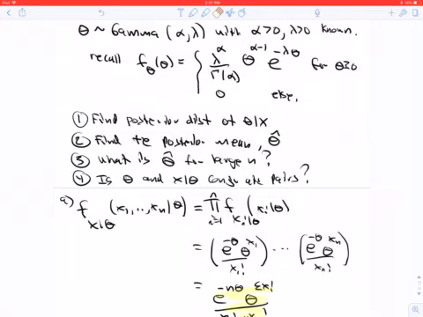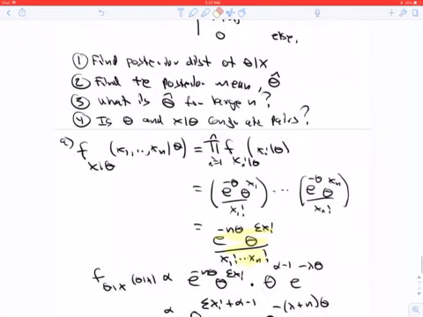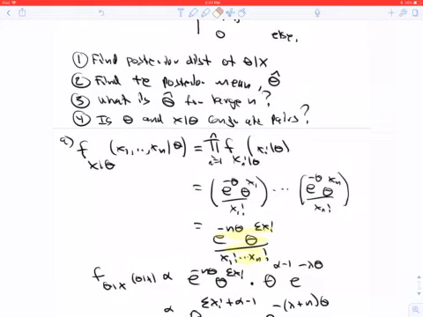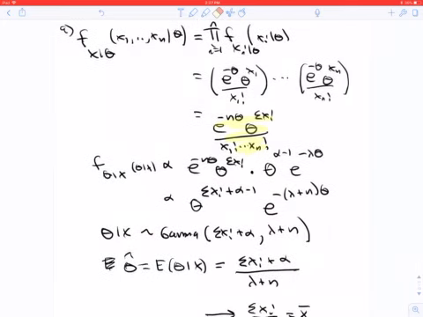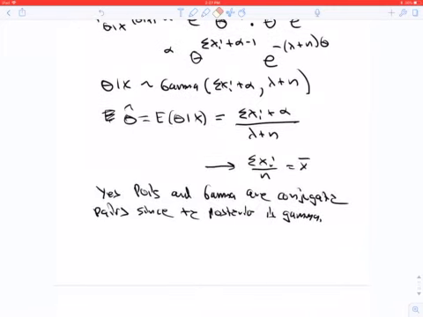To compute the posterior distribution, you need to find the likelihood. The joint likelihood is the product of the individual likelihoods. So we have a formula there, and you can just ignore the constant part of that. Putting that together with the gamma, you can see then that the posterior is going to be gamma, and then you can calculate the posterior mean.